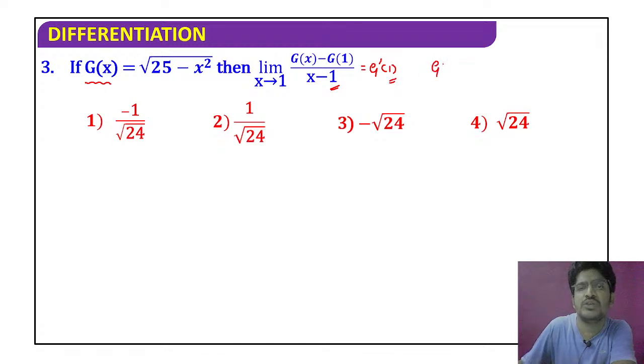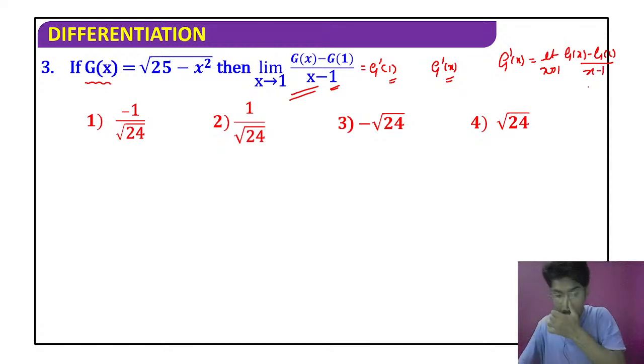That means you must know what is the differentiation of g. So if you calculate the differentiation of g, then you can calculate the differentiation at x equal to 1. Okay, so this is nothing but your g dash of x, that is equal to limit x tending to 1 of g of x minus g of 1 divided by x minus 1.